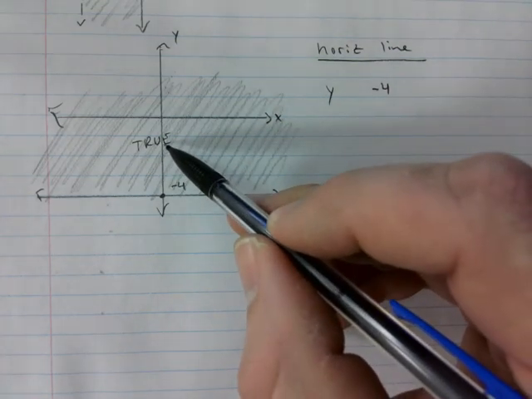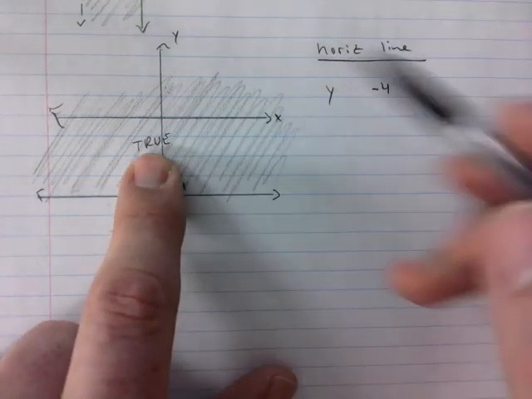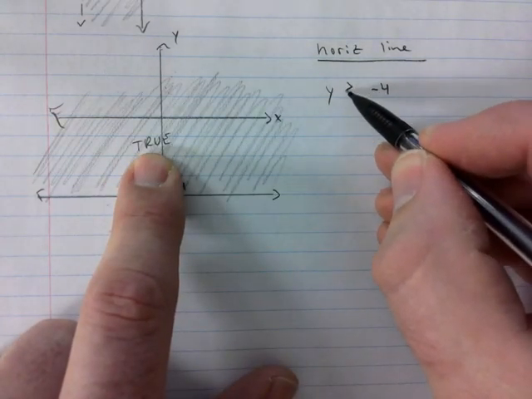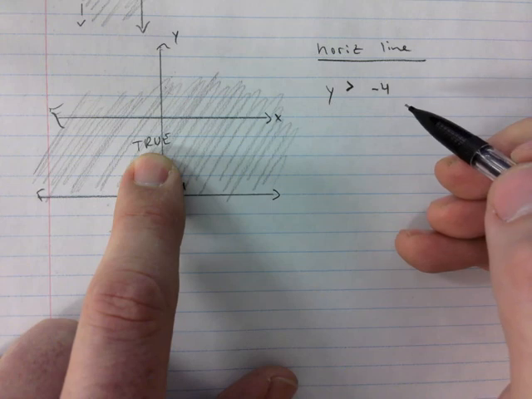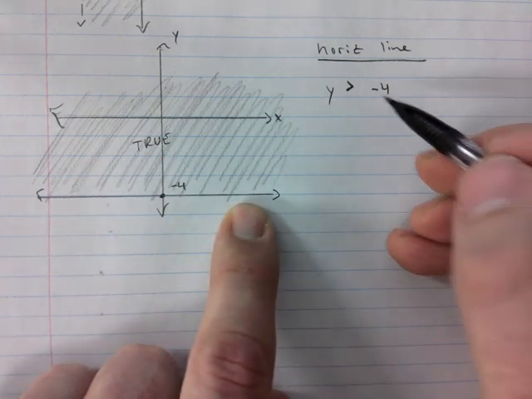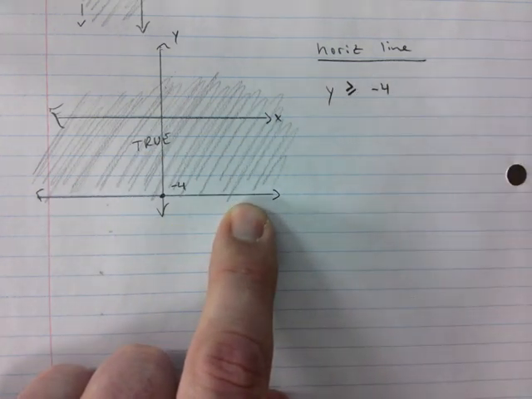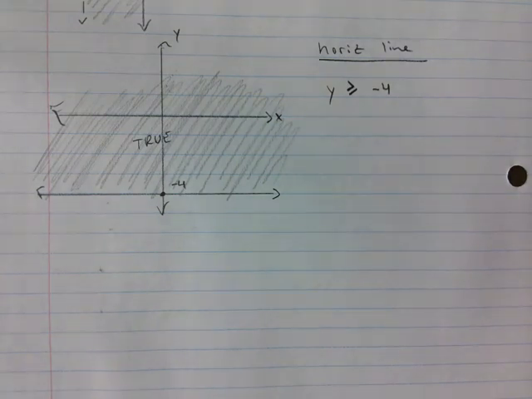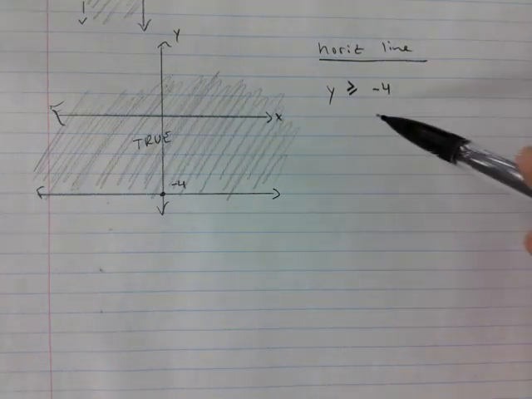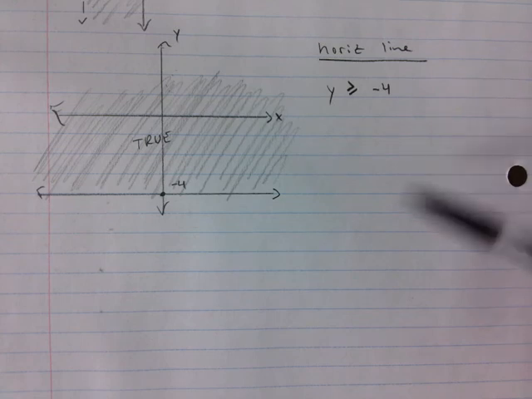So true is above, right? So I need to make sure this is like this. And it's a solid line. So I need to add the equal sign like that, and you're done. So special cases are actually very easy to do. No slope, no intercept, right? I mean, they have intercepts, but it's easy to find. And then you're done.